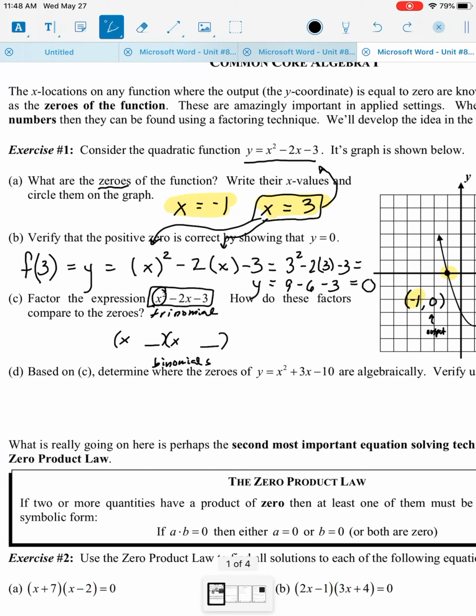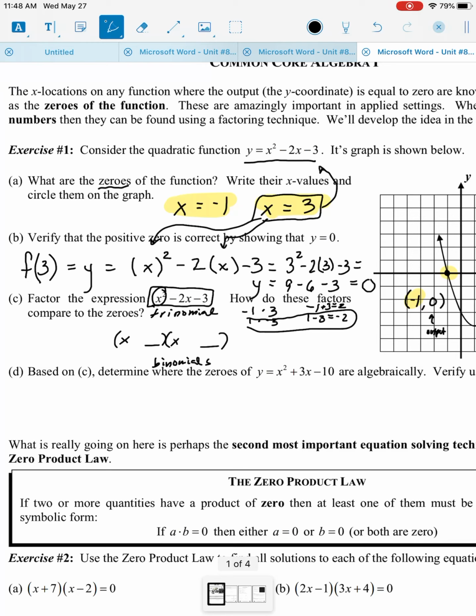So, my only factors of 3, and it happens to be a negative 3, are negative 1 times 3, or 1 times negative 3. Those are my only possibilities. And now I need to determine which adds to negative 2. Well, 1 minus 3 equals negative 2, and negative 1 plus 3 equals 2.